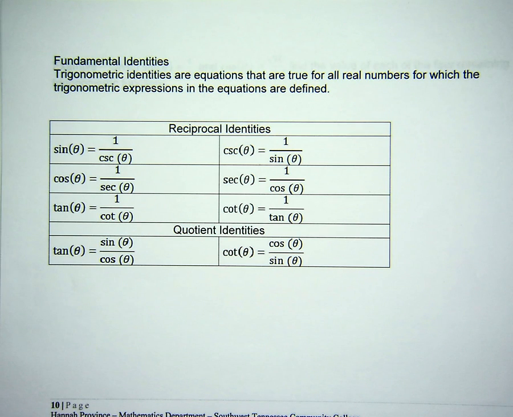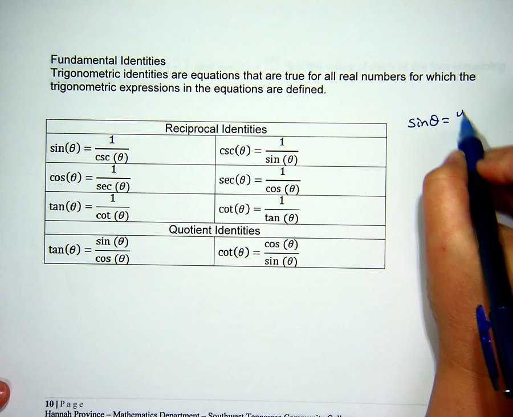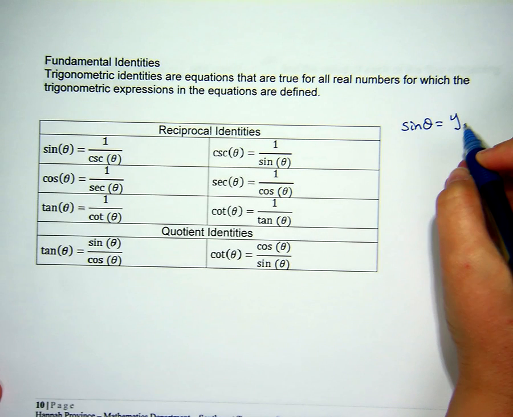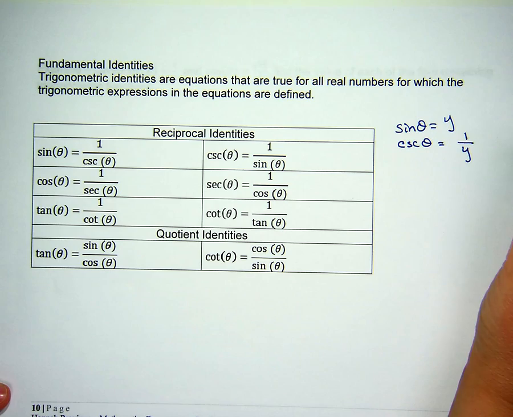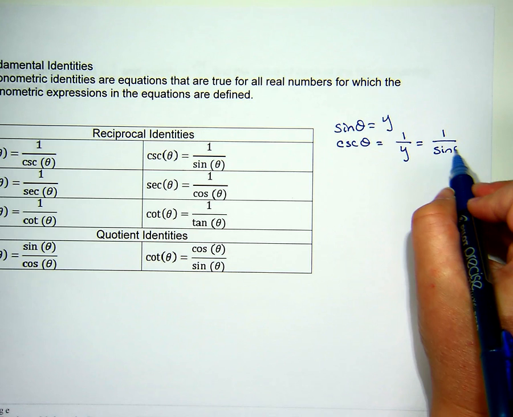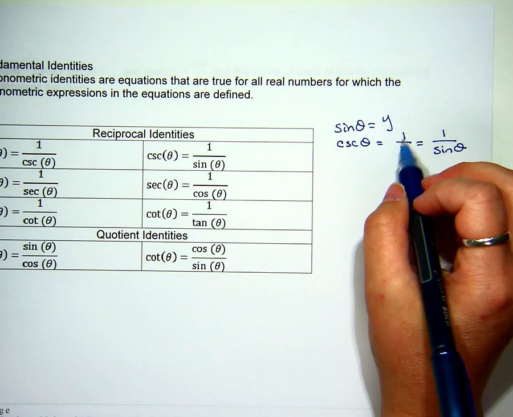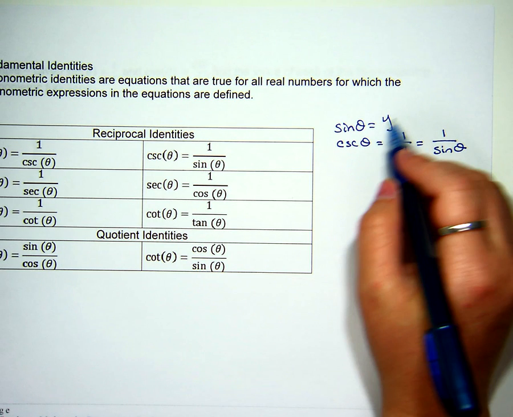Fundamental identities. The reciprocals we've talked about a little bit. We said that, for example, sine of theta was y. We said that cosecant theta was 1 over y. This is like saying 1 over, well, y is sine, so I could say that's 1 over sine. If I wanted to talk about sine in terms of that, well, you can say it's 1 over cosecant, flipping your identities around.